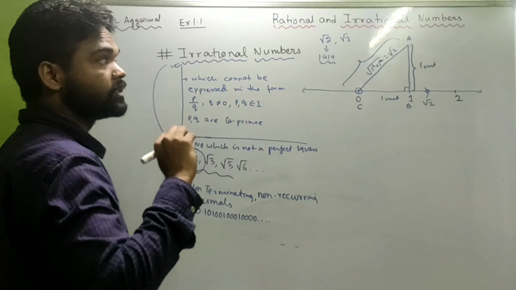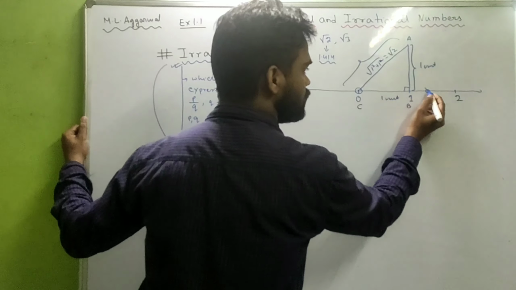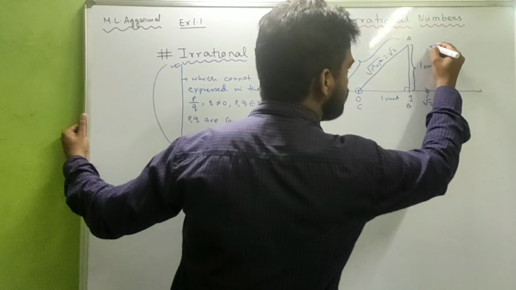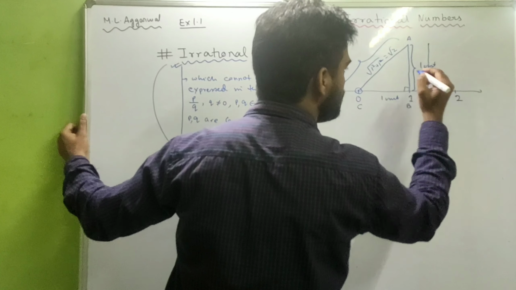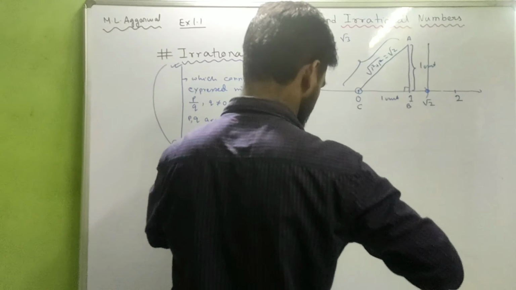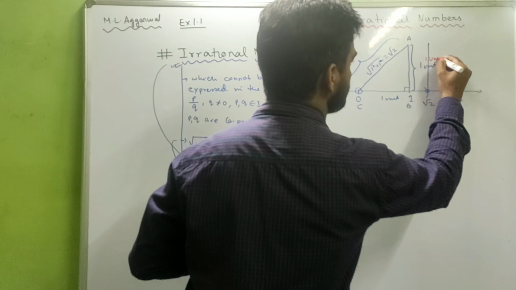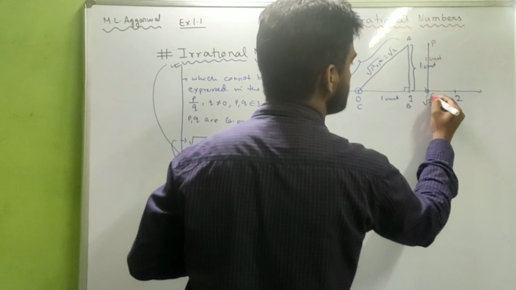Similarly, if I want to find root 3. Now already I know root 2. From here to here the length is root 2 unit. Okay, so if I draw a perpendicular over there, of again 1 unit. Then suppose this is OPQ.